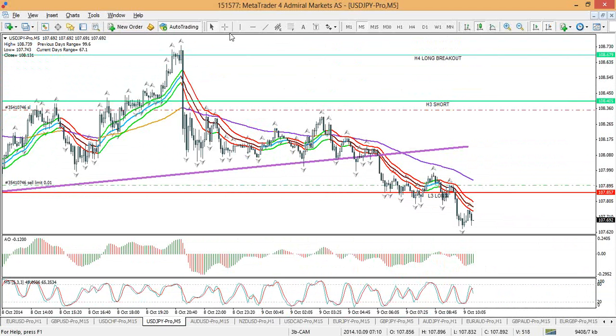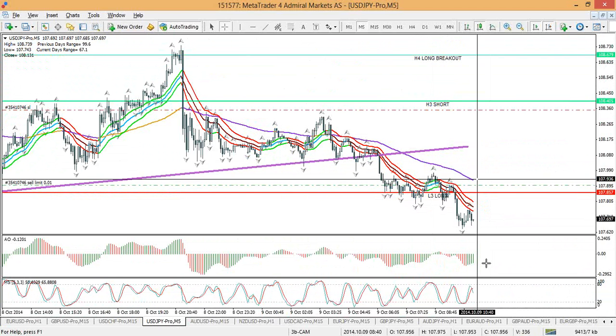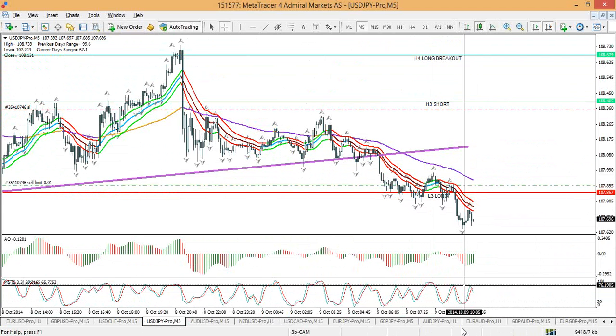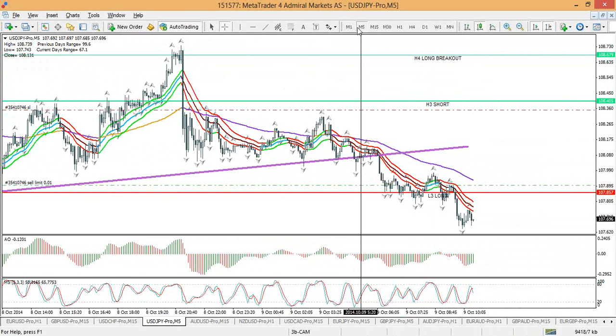I have a sell at 107.90, but we don't know if price will get there. But keep an eye on it. It looks like, to me, it's not as strong of an impulse as the GBP/JPY here to the downside.